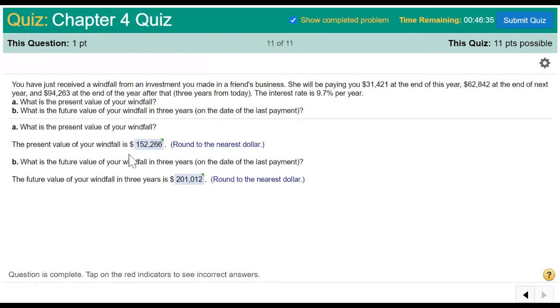Now, once you have this number, you need to take the future value of it, which is N equals 3, I/Y equals 9.7, payment is 0, present value is 152,266, compute for future value. And then you're going to come up with 201,012, rounded to the nearest dollar on both. That's it. This is on the test. I'm telling you right now, this is on the exam.